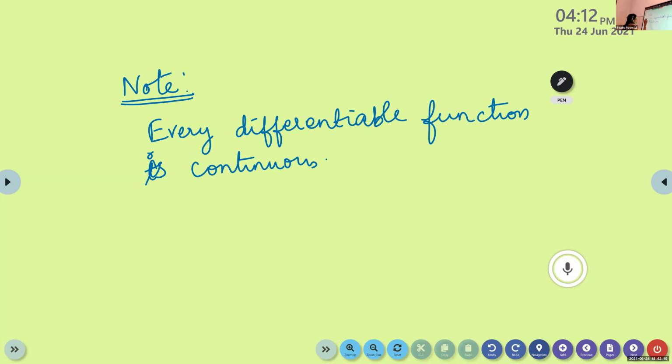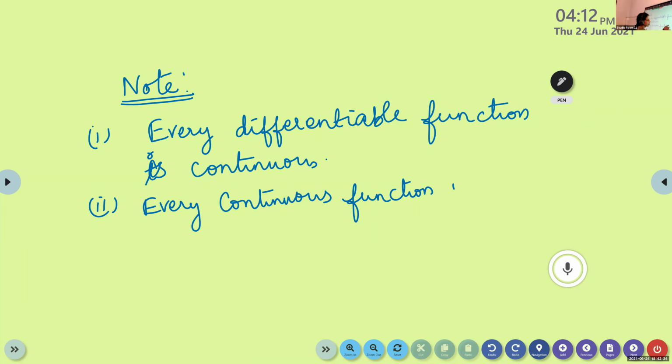But the reverse is not true. What is the reverse? Every continuous function need not be differentiable.